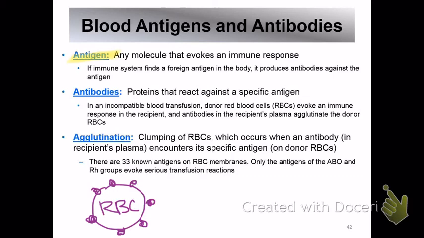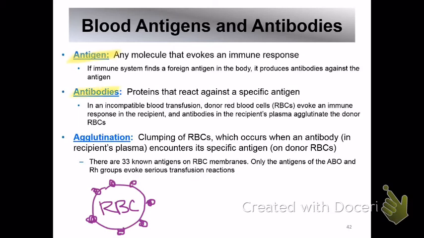So if the immune system finds a foreign antigen in the body, it produces antibodies against the antigen. So your red blood cells have your antigens, and that's good. That's normal. Okay, but if it finds a foreign one, like let's say it finds an antigen that's not shaped like a circle, then that would start an immune response.